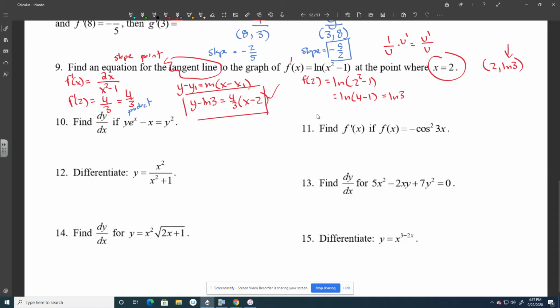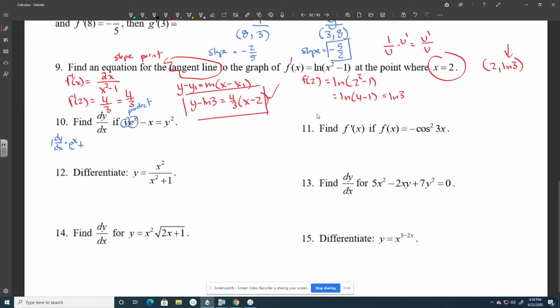And not only do we have a product rule, but we're actually doing implicit differentiation because we have x's and y's. So when I take the derivative of the left side, I've got to use the product rule right here. I've got y as one function and e to the x as the other. So the derivative of y is 1 dy/dx, and I've got to multiply that by the e to the x.